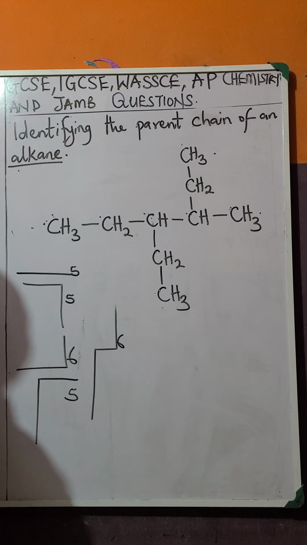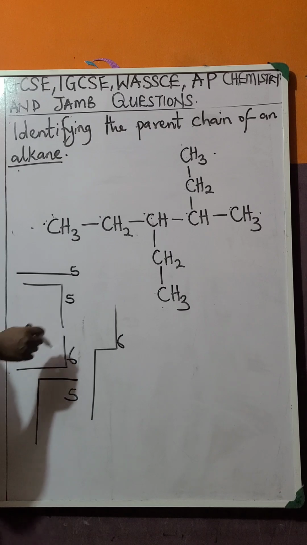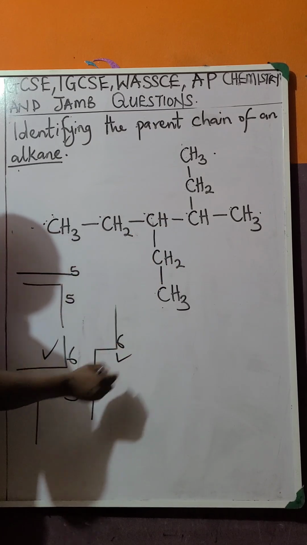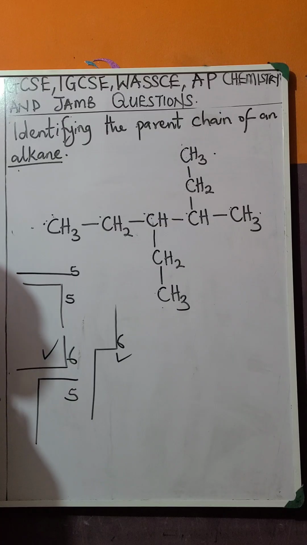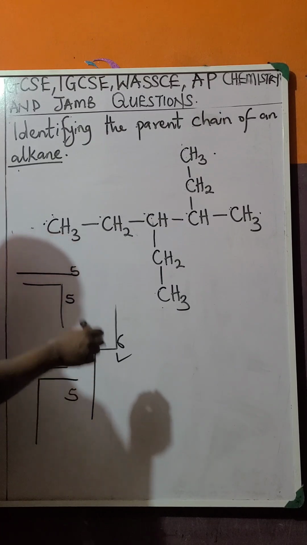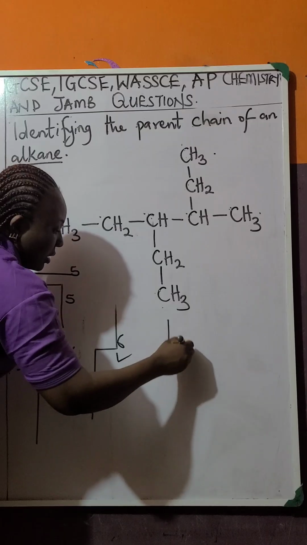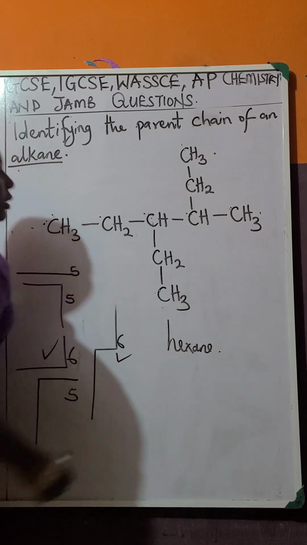So on that note, either I'm working with this or I'm working with this, because two of them will give you the longest chain, making the parent chain of this compound hexane.